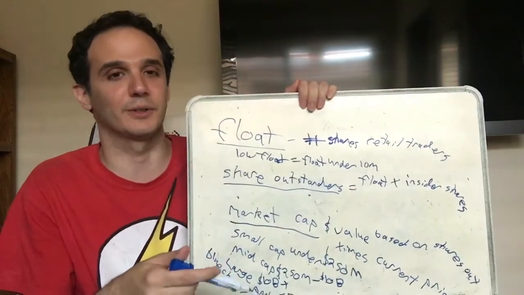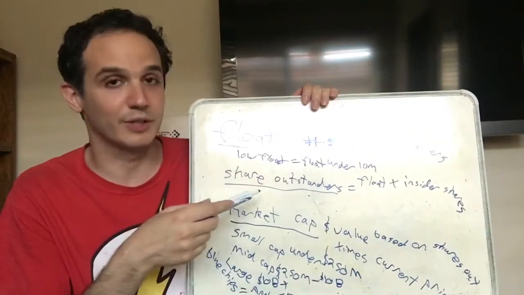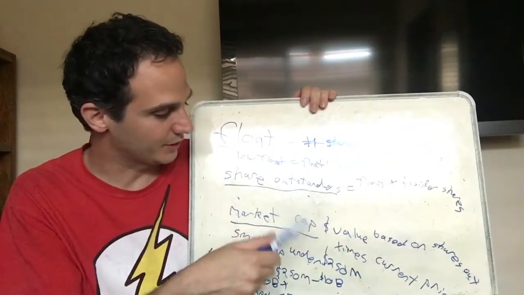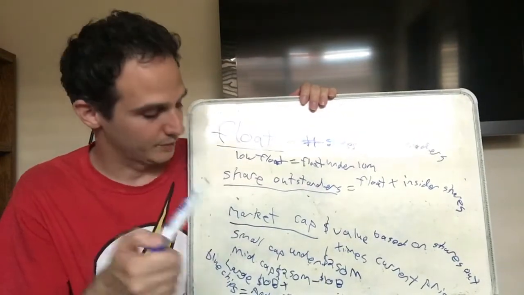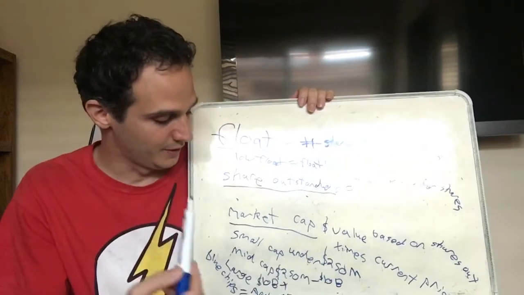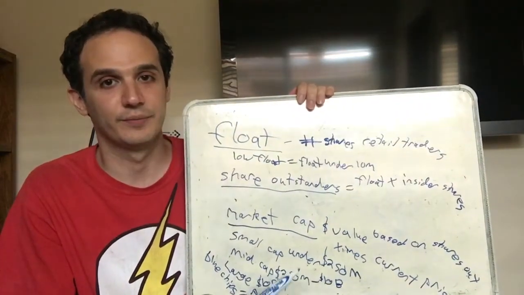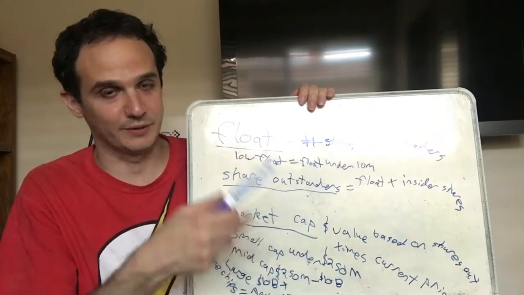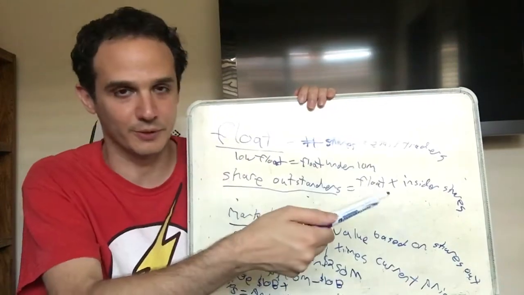Okay, so now you should have an understanding of float, shares outstanding, and market cap, and you should understand why small cap stocks are more volatile than mid cap or large cap stocks. And then I explained market cap rotation or float rotation.